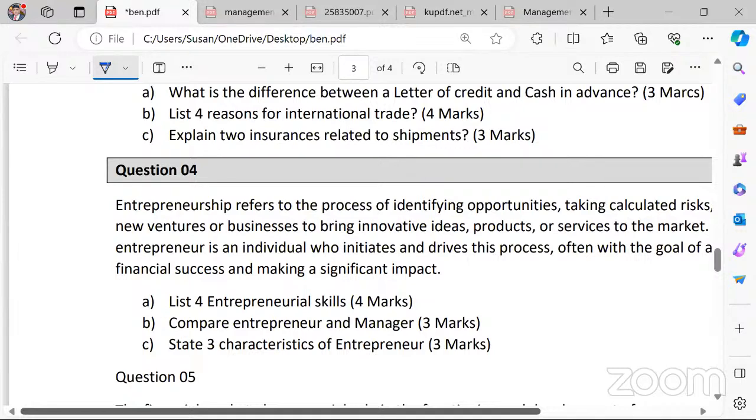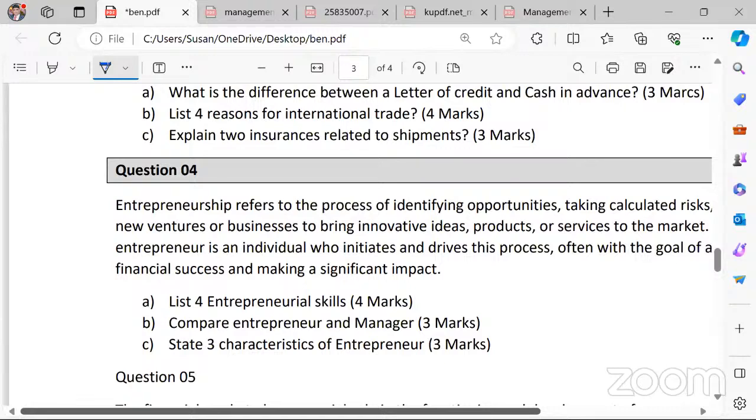Entrepreneur is identifying opportunities, manager is identifying problems. Entrepreneur is thinking about social benefits and social responsibilities.